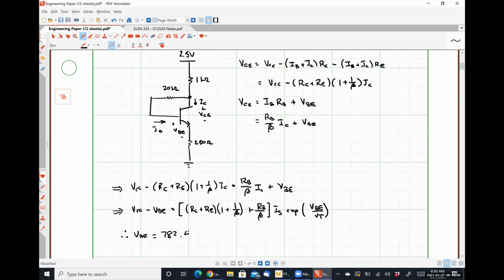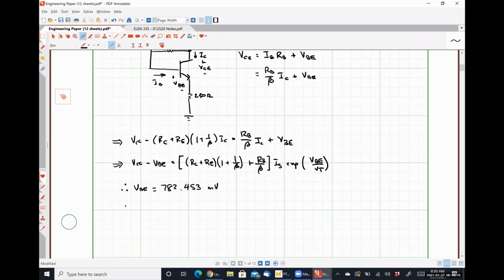782.453 millivolts. This voltage value will in turn give us a specific collector current. Let me grab my calculator here real quick, because that collector current is what's going to tell us transconductance, and from that then the resistance R pi.